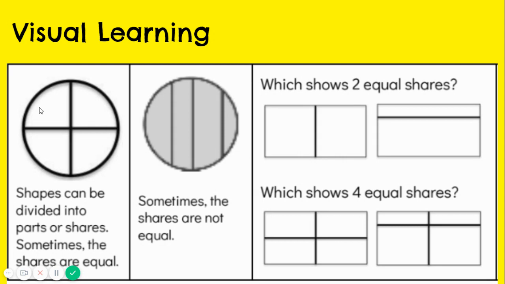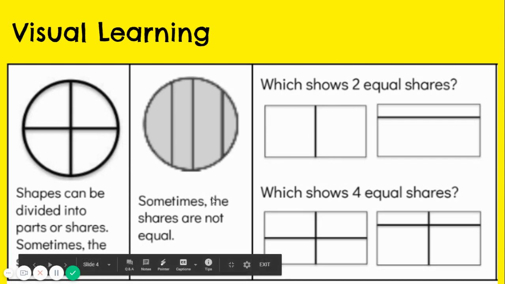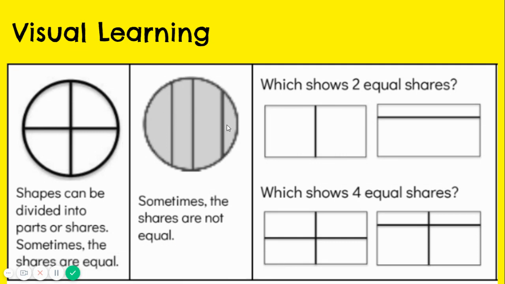If you look at this circle, all four parts are the same, so they are four equal shares. Sometimes the shares are not equal. Look at this circle. These four parts are not the same size, so these are not equal shares.